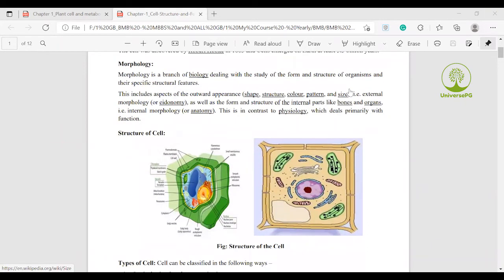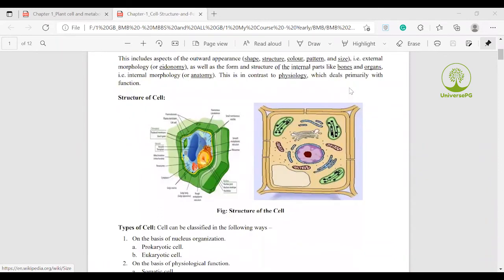Next, the structure of cell. See the two structures, one is animal cell on the left side, and on the right side plant cell. So see the two structures and compare what is the major difference between plant cell and animal cell.